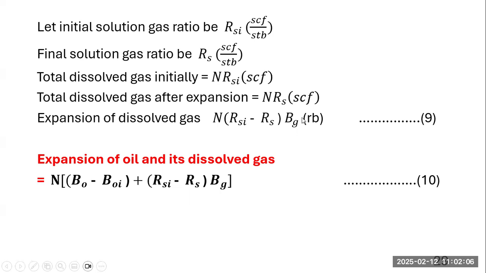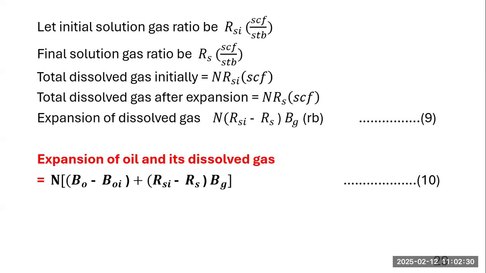Then multiply by BG in order to give us reservoir barrels. Okay, so expansion of oil and its dissolved gas is therefore the oil component and the gas component. So you have N into BO minus BOI plus RSI minus RS BG, okay, collating them together.